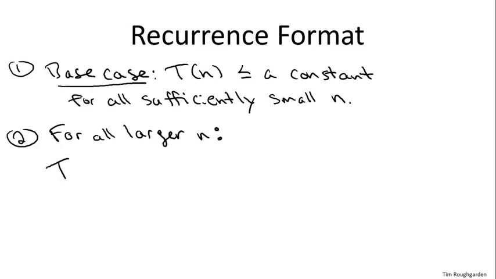So we assume the recurrence is given in the following format. The running time on an input of length n is bounded above by some number of recursive calls. Let's call it a different recursive calls. And then each of these subproblems has exactly the same size, and it's a 1/b fraction of the original input size. So there are a recursive calls, each on an input of size n/b.